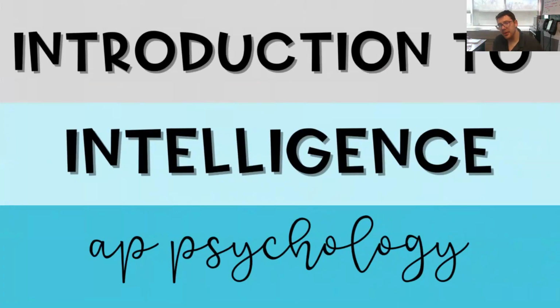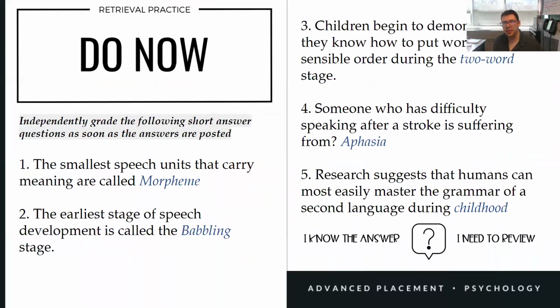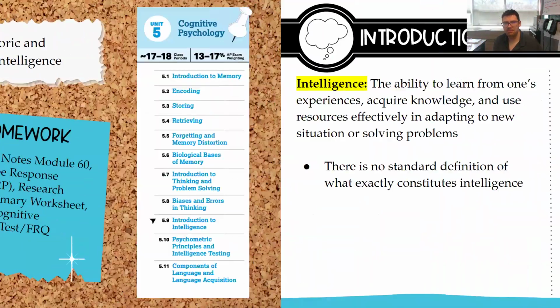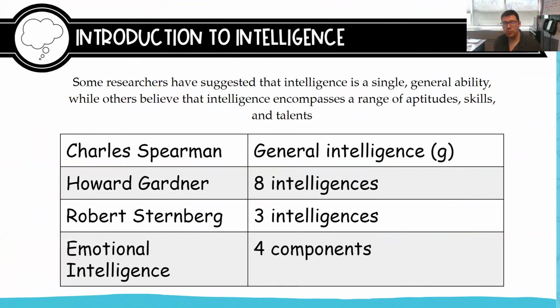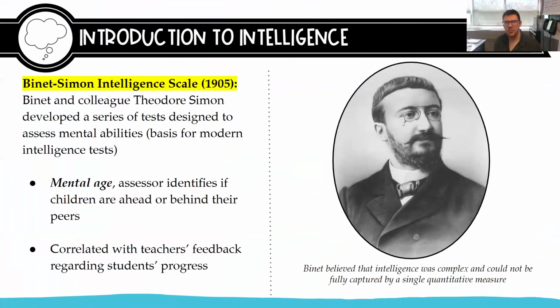Okay, the other big subtopic here is obviously related to intelligence. So intelligence has been a huge debate since the early 20th century here. Binet was really the first to get this conversation about IQ started.